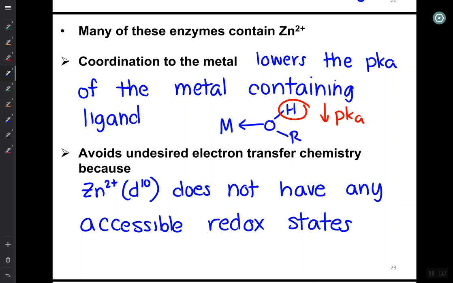Okay, so if you have a closed shell configuration ion, that means it doesn't want to gain or lose an electron. So that means you usually see zinc only as 2+ and not zinc 1+ or zinc 3+, because that would not be a complete closed shell configuration.